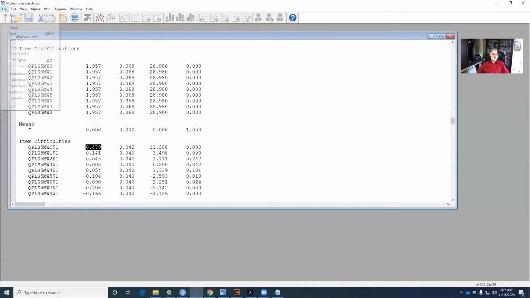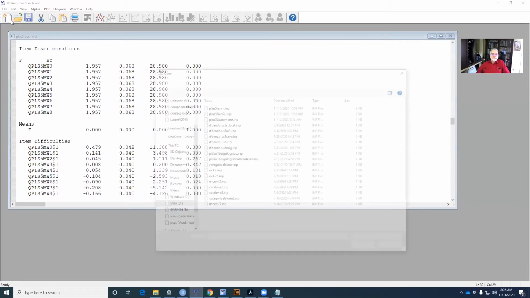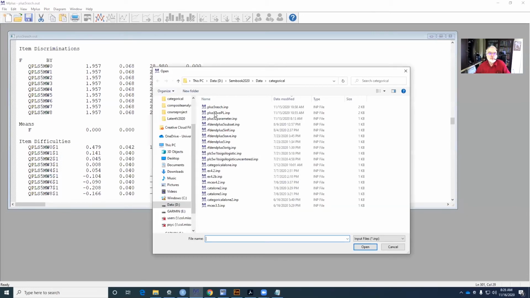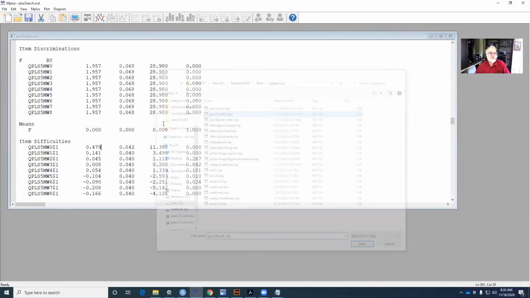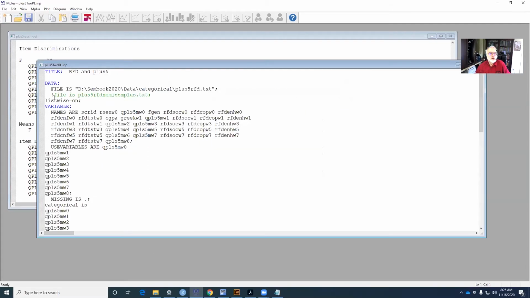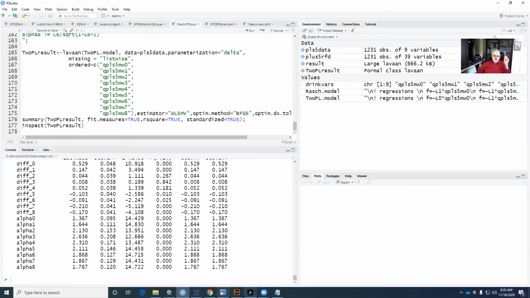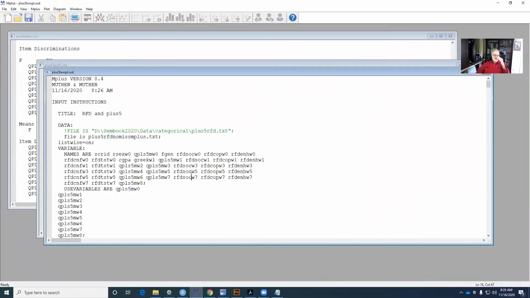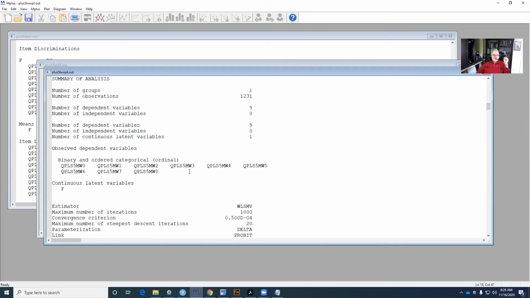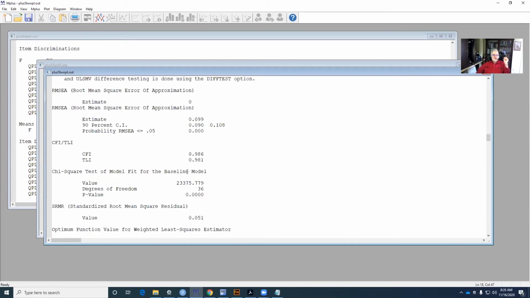So if we're coming back and looking at that in terms of the 2-parameter model, we have all of the same information as before.